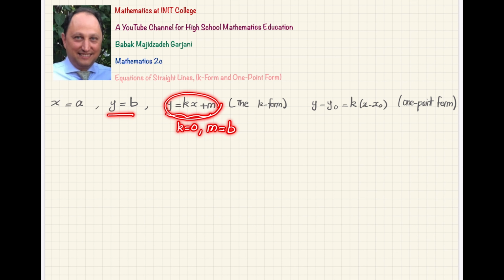So I would say that I don't need to separate these two, because this can be obtained from this by putting k equal to 0 and m equal to b. But this line is a little bit different. There is no choice for k or m so that this will give me this equation.